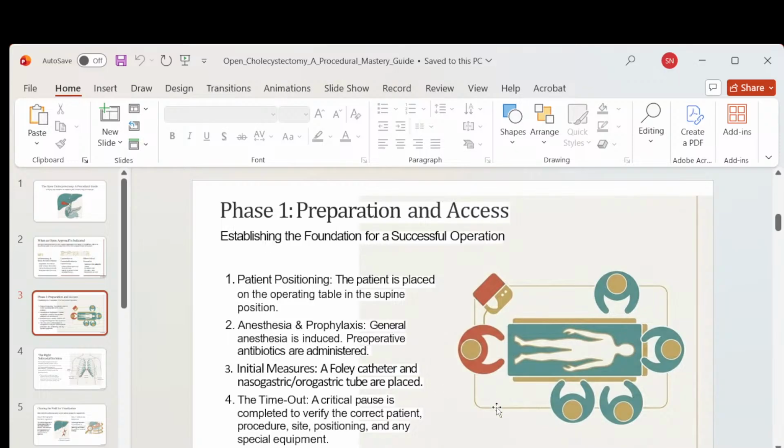The matter is, why do we have to introduce a Foley's catheter and a nasogastric or orogastric tube?